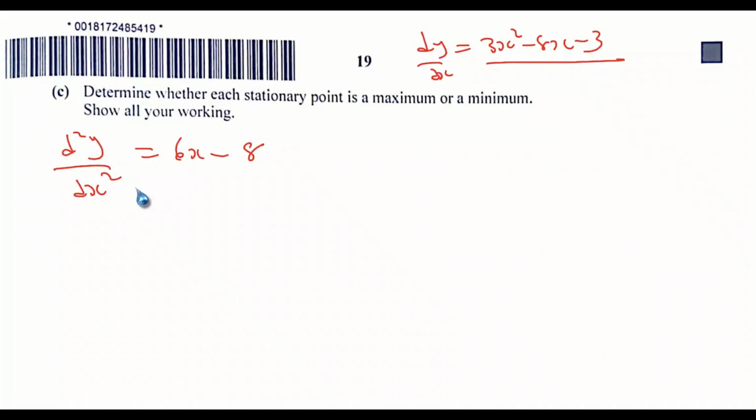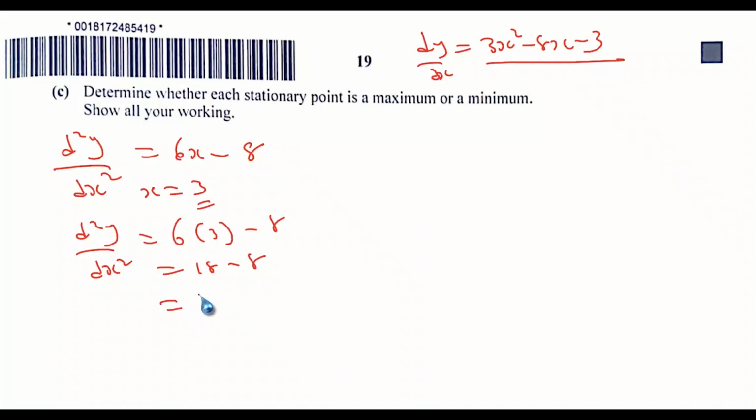So that is d squared y over dx squared. So let's get the value of d squared y over dx squared when x equals to 3. That's for the first stationary point. So we're going to get d squared y over dx squared to be equals to 6 into 3 minus 8, which is equals to 18 minus 8, which is equals to 10.